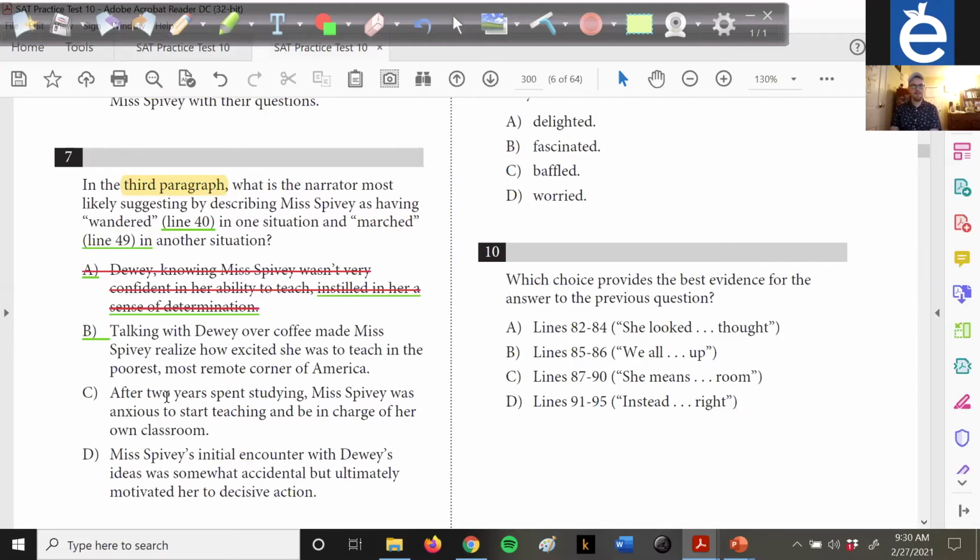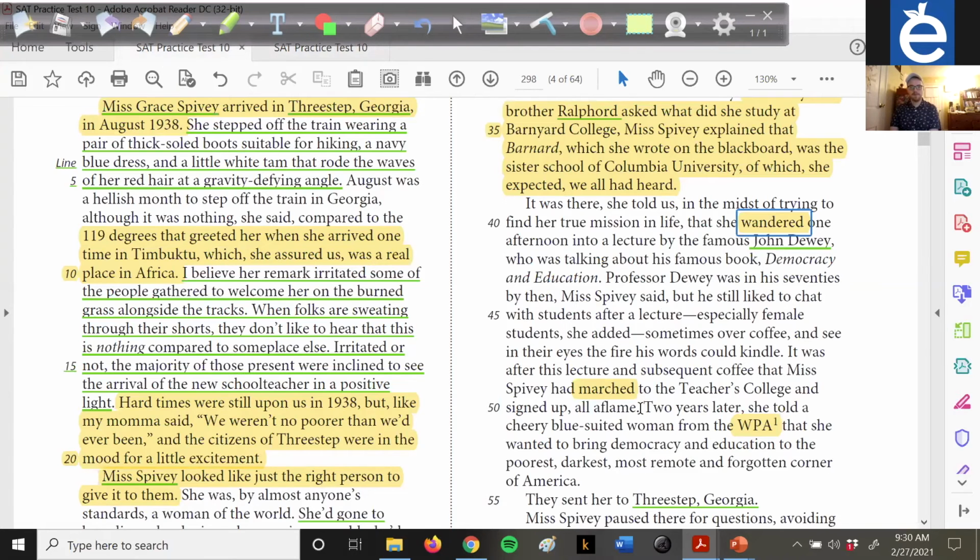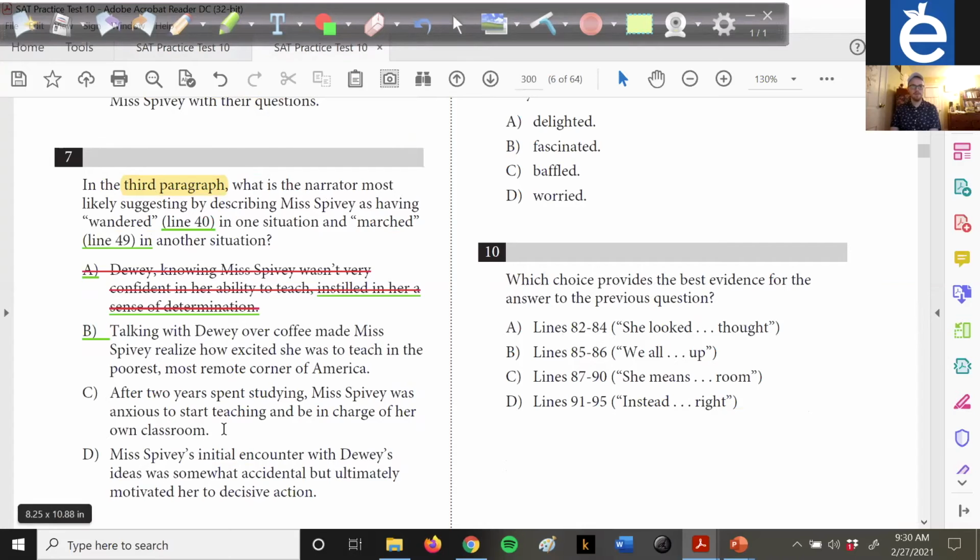So let's mark that. Option C: After 2 years spent studying, Miss Vivi was anxious to start teaching and be in charge of her own classroom. That's true. However, the marching does not happen after her 2 years spent studying. The 2 years later comes here, after any wandering and marching is already complete. Slash that.